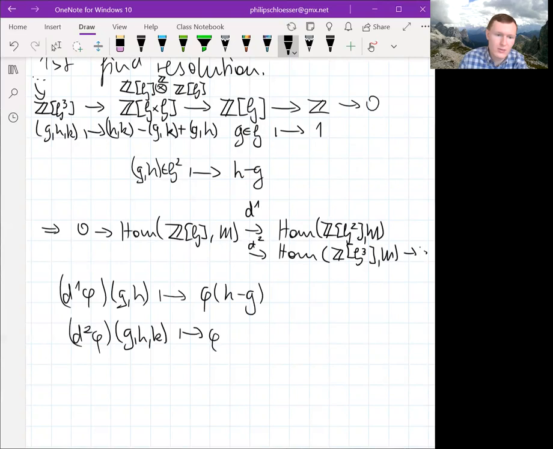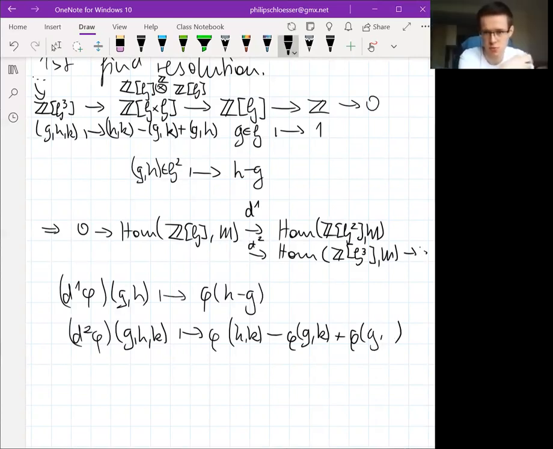So we have phi of hk minus gk plus gh. Or I guess, since we're talking about Z-linear maps, we can write it like that: phi of hk minus phi of gk plus phi of gh, thanks.